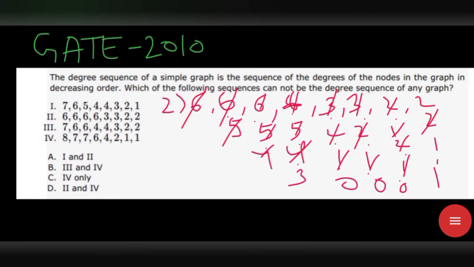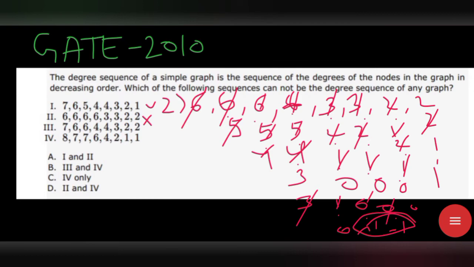So they are not in decreasing order. I will arrange them as 3, 1, 0, 0, 0. Now I will cut 3, look for 3 elements and decrease 1 from them. So it will be 0, minus 1, minus 1. Here we are getting negative values, so that means this is not valid. The first one was valid and this is not valid.